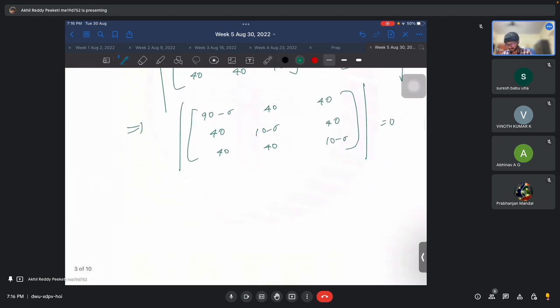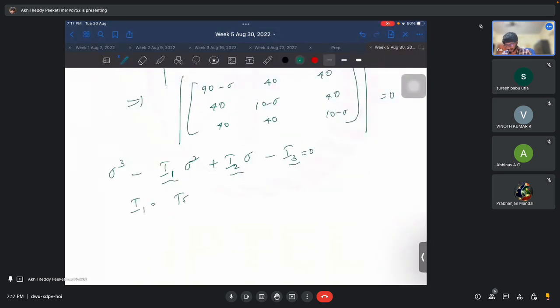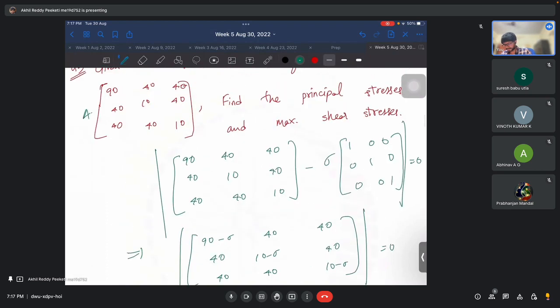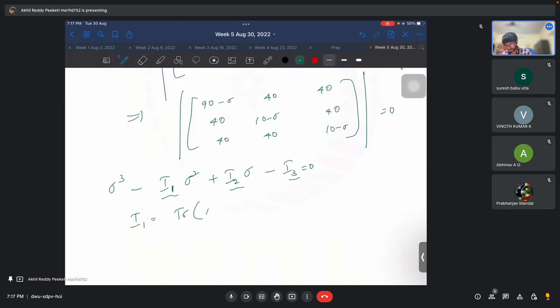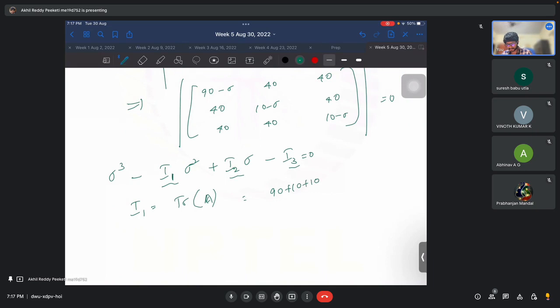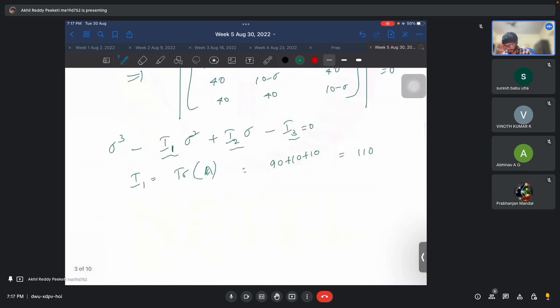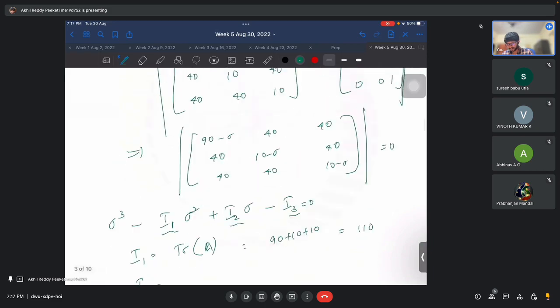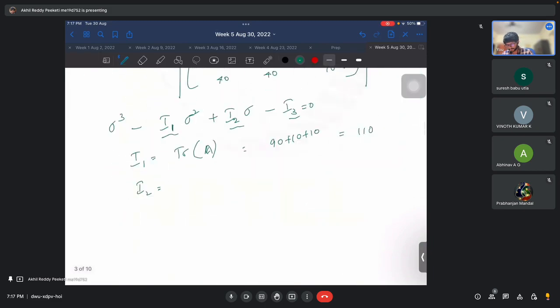So if you actually solve this, what you would get is sigma cube minus I1 sigma square plus I2 sigma minus I3 equal to 0, where I1, I2, I3 are invariants. So I1 is the sum of the diagonal elements, the trace of this matrix A. In this case it is 90 plus 10 plus 10. I2 is the second invariant.